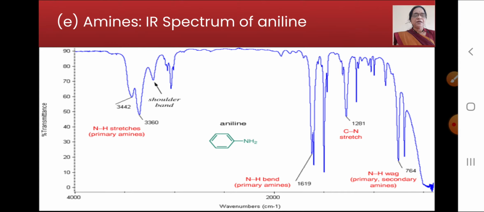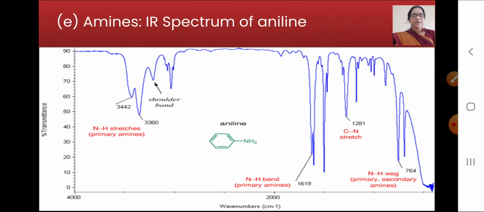observed at 3335 per centimeter. NCH2 stretching is observed at 2780 per centimeter. The NH2 scissoring as well as the NH bending is observed at 1615 per centimeter.